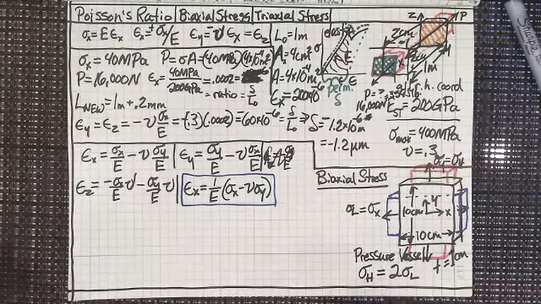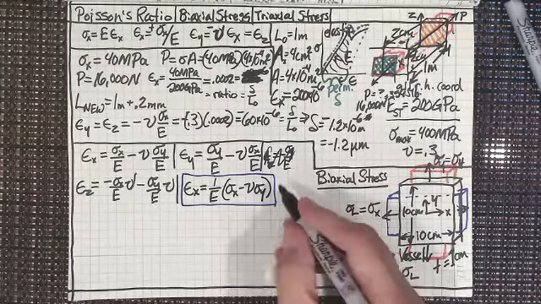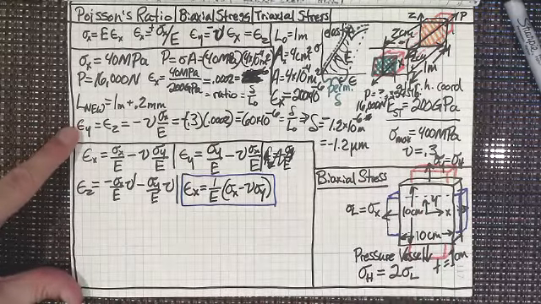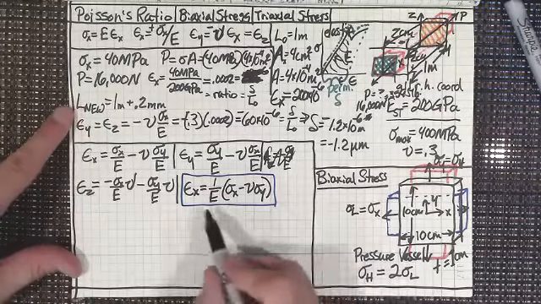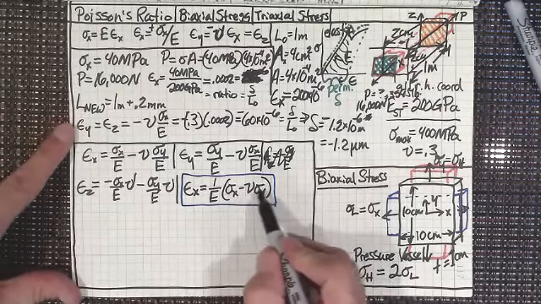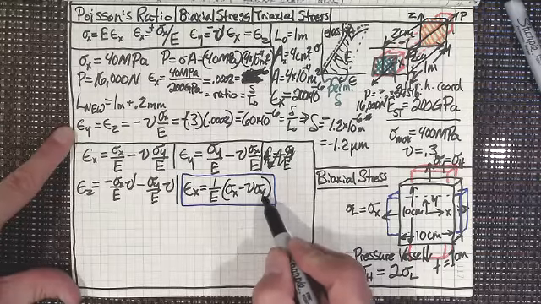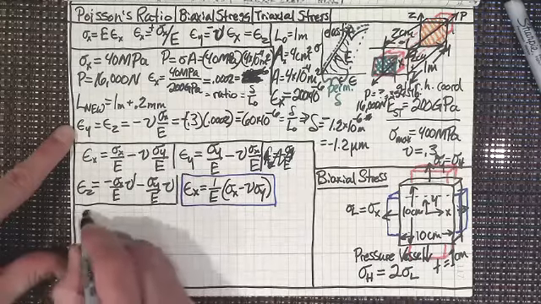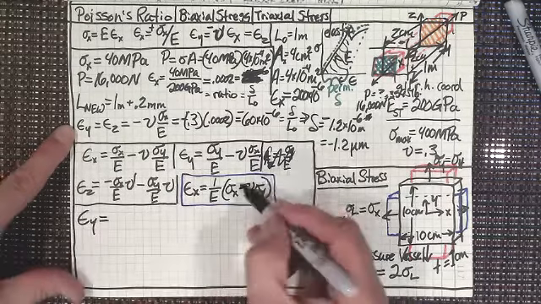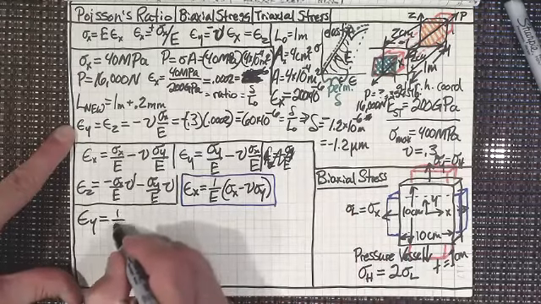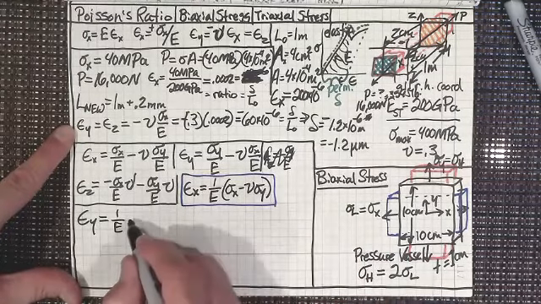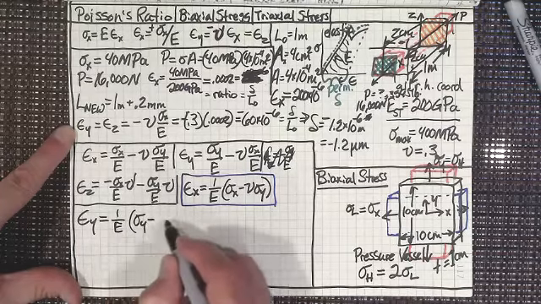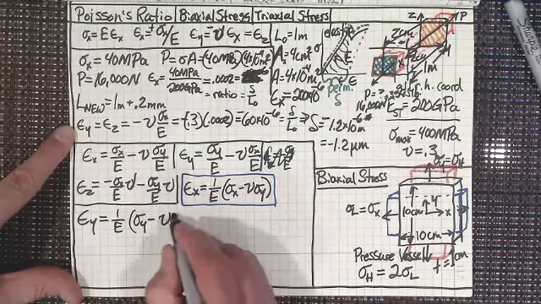You're kidding me. Well, it looks like we're really up to just about the end of it. What I wanted to do, though, is simplify the next two as well. So sigma sub x: 1 over E, sigma sub x minus mu sigma sub y, and I'll just put a line there. And then for sigma sub y, we can do the same thing, pull 1 over E out, and we've got sigma sub y minus Poisson's ratio times sigma sub x.